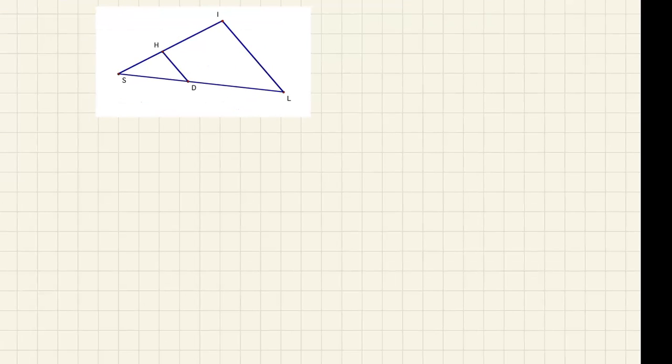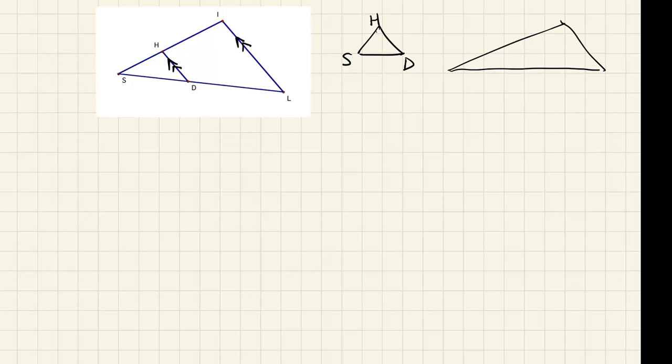So here's our diagram. If HD is parallel to IL, we have a kind of smaller triangle, SHD, and a bigger triangle, ISL.